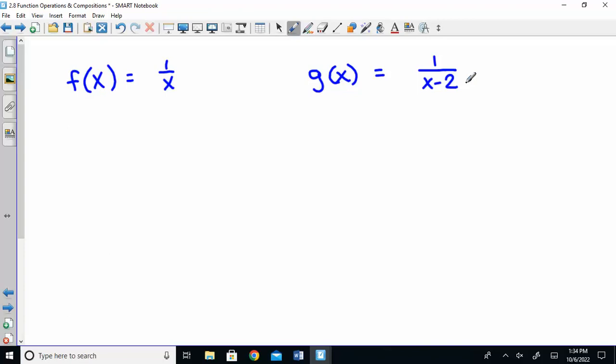Can you tell me, for their individual domains, what can x not be in this one? 0. What can I not put into this one? 2. So I know if I'm looking at them individually, it can't be 0 or 2.